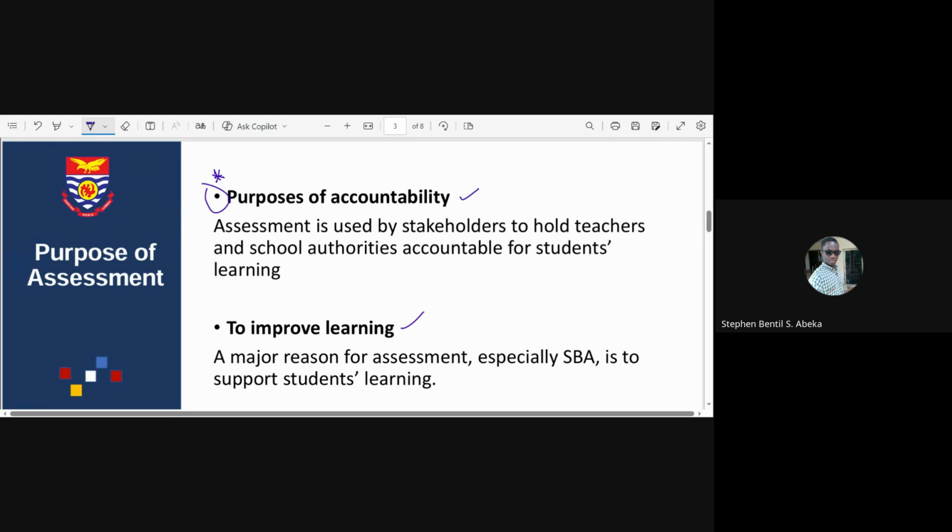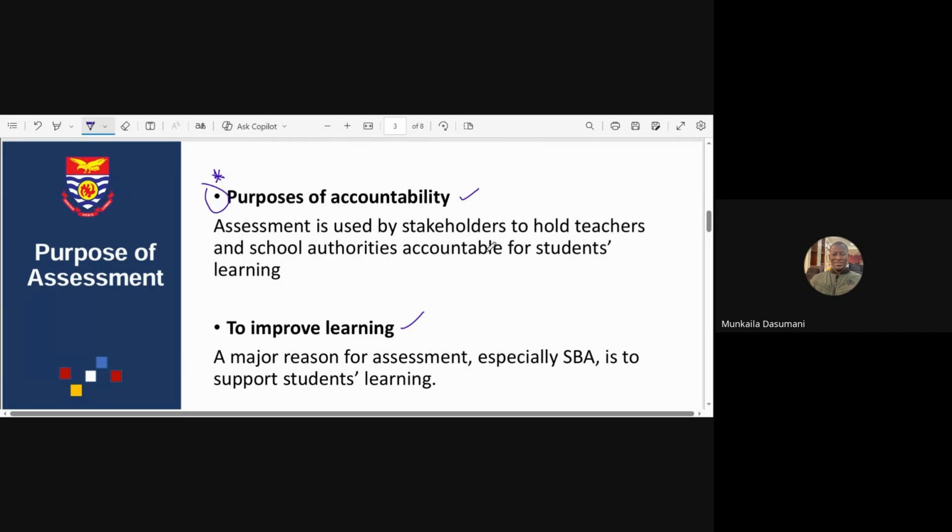So it helps both the teacher and the students to know their strengths and weaknesses in line with how the teaching and learning processes are ongoing, before, during, and after the lesson. All right, thank you very much.